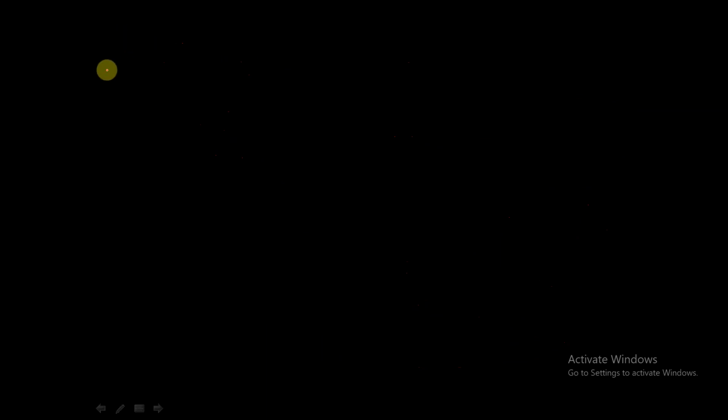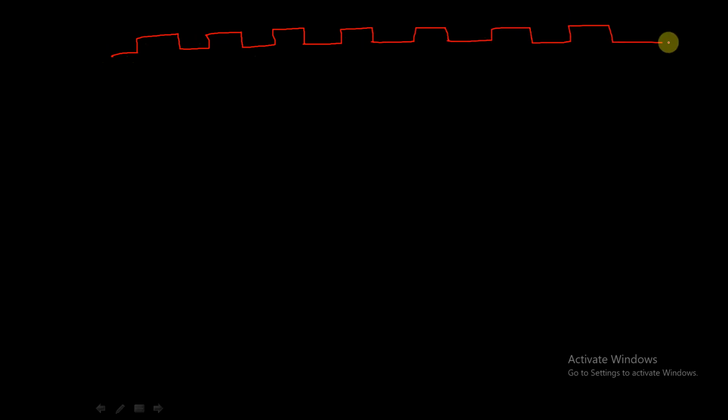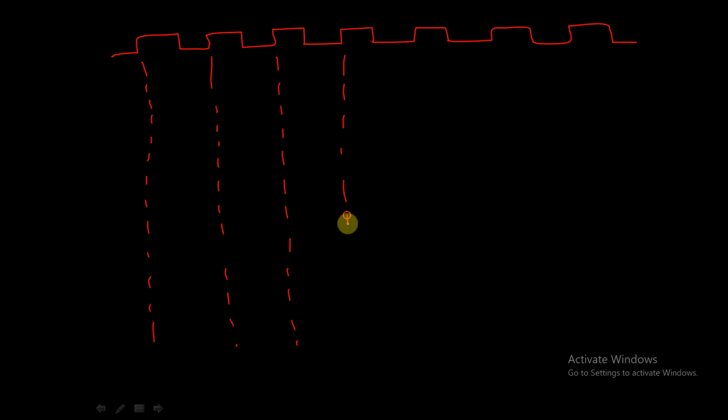Let us say this is our reference clock. This is at time t equal to 0 nanoseconds, and after some time period, t equal to 1, t equal to 2, like this, our clock is there, and this is our input.